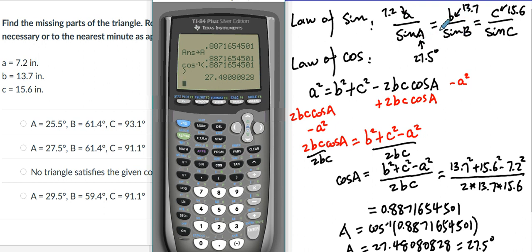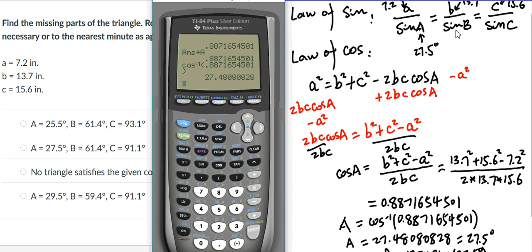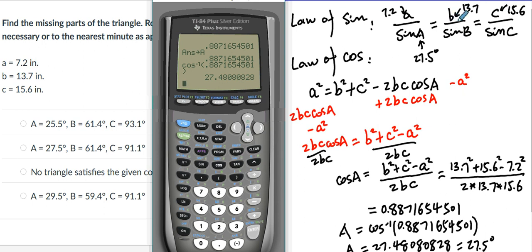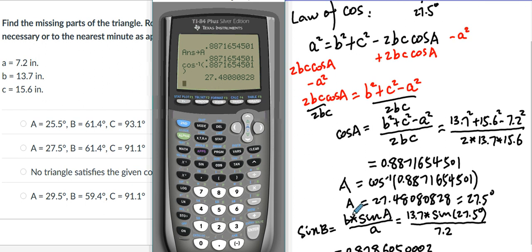Those two quantities we know, we do cross multiplication, divide by 7.2, and we get sine B. That would be B times sine A divided by side A. B was 13.7, A is 27.5, and side A is 7.2.